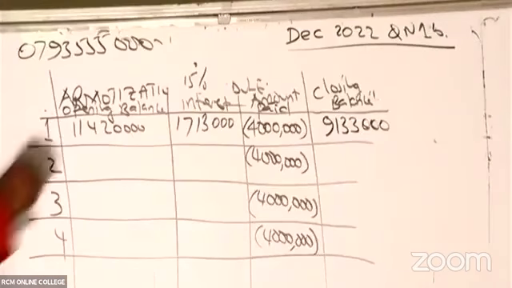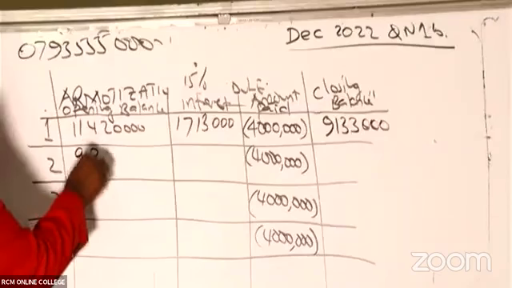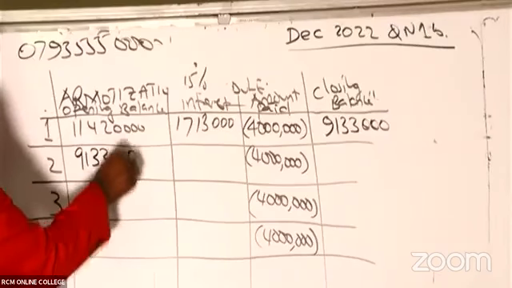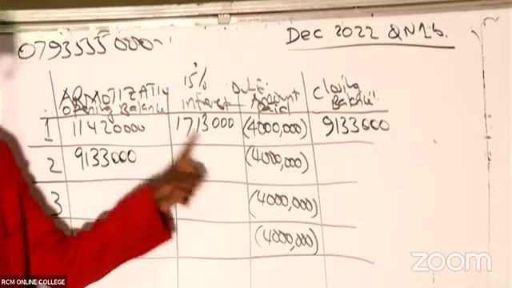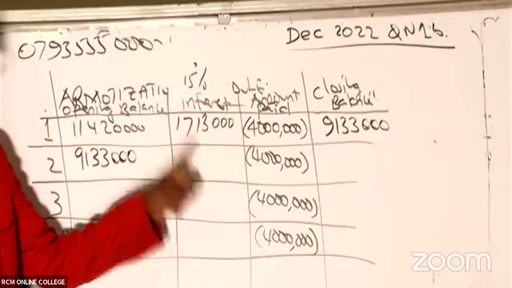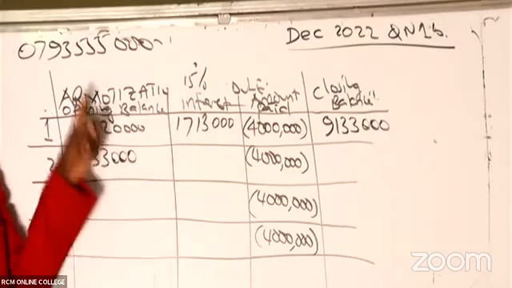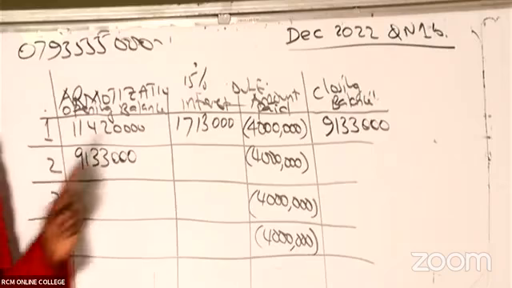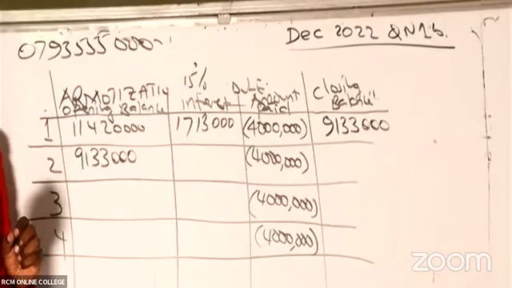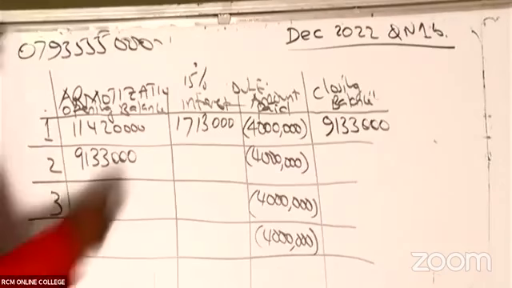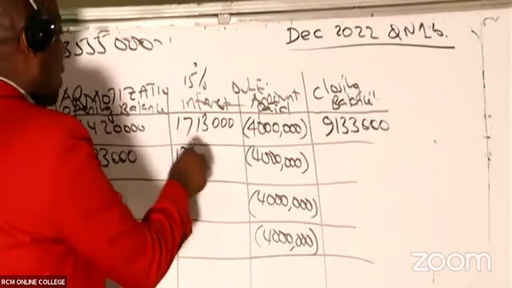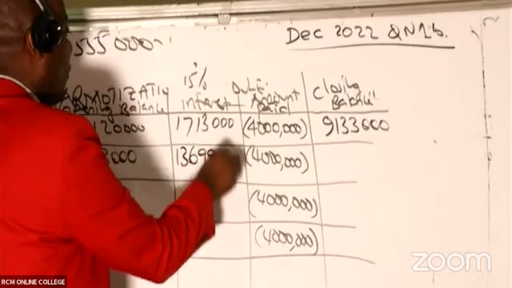So then here we have 91,33,000. Please let it earn interest at the rate of 15%. So 139,136.99.50.